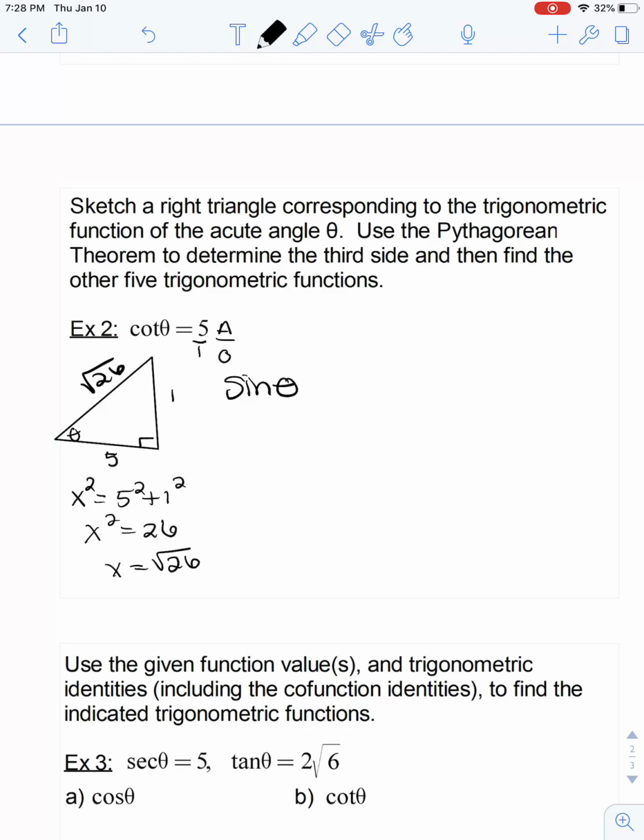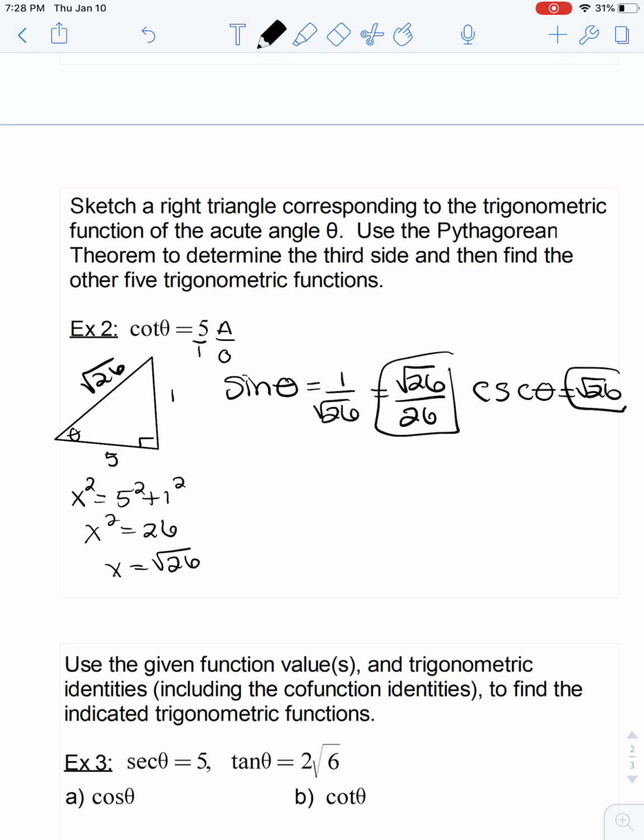So the sine is going to be opposite over hypotenuse, so that's 1 over the square root of 26, which hopefully you can rationalize really quickly to get the square root of 26 over 26. So the cosecant of theta would just be the square root of 26, its reciprocal.